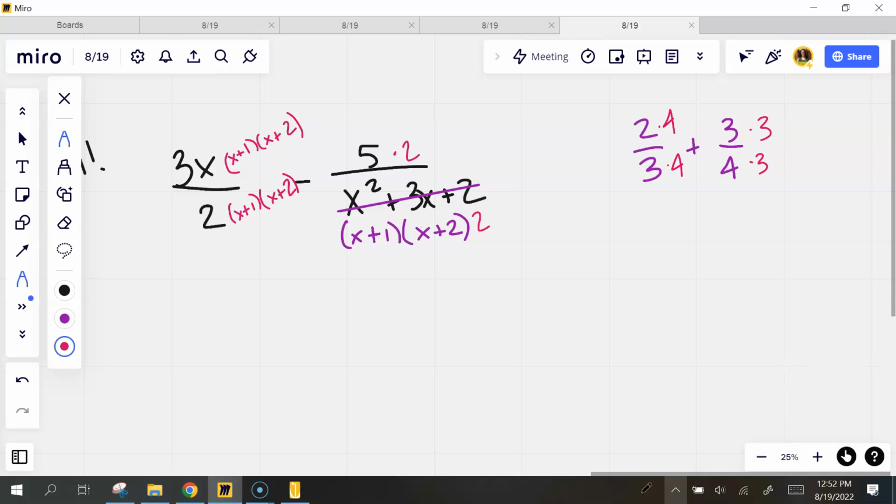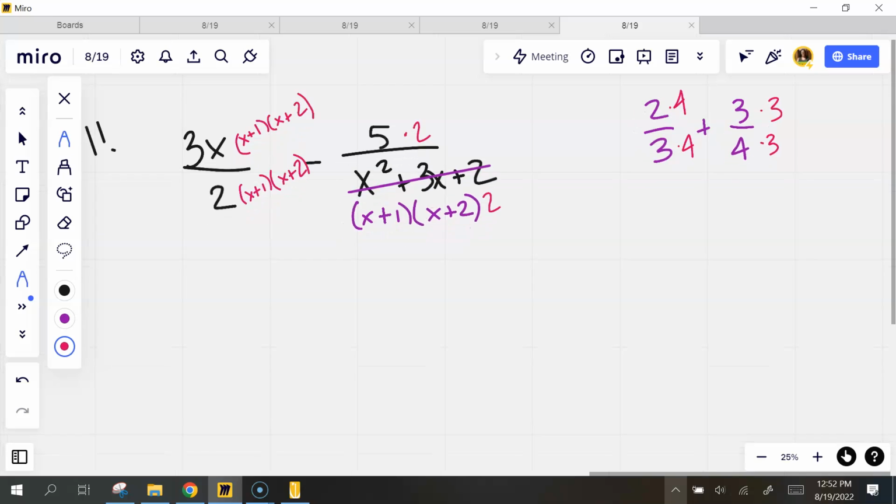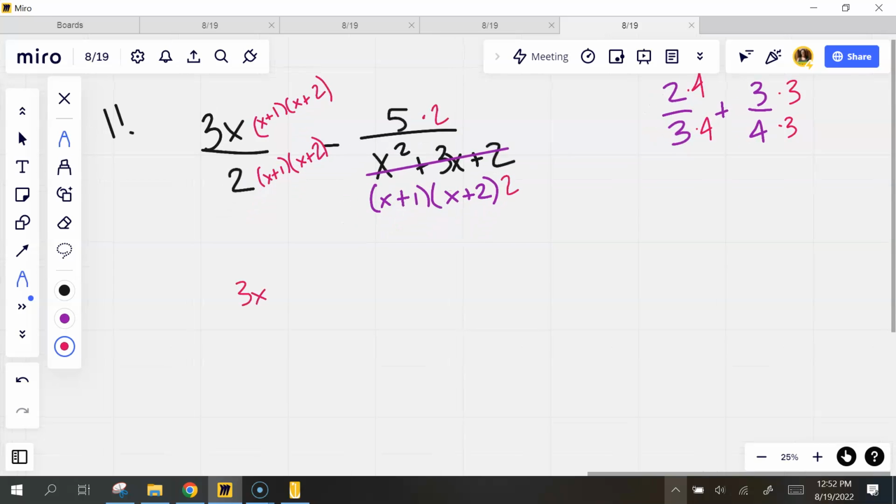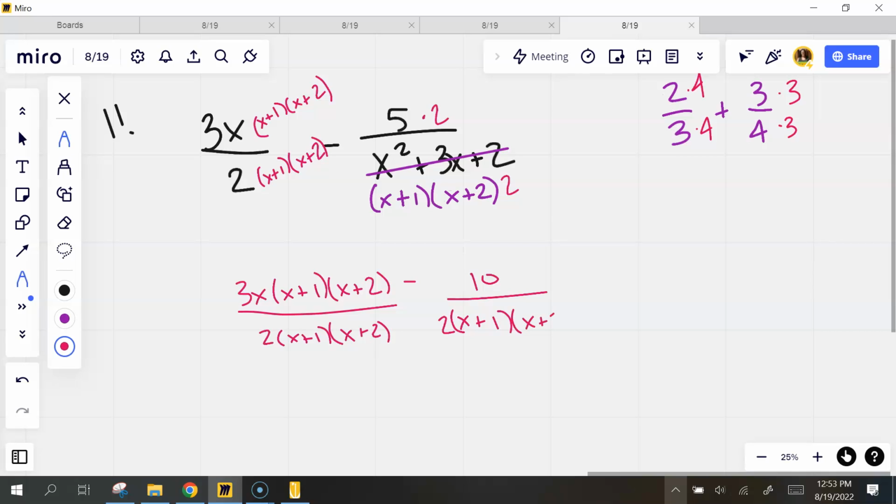Now I have 3x, x plus 1, x plus 2, minus, oops, let me put it over. Don't start canceling them out. I have two fractions that I'm subtracting now that have the same denominators. Once the denominators are the same, we just combine the tops.